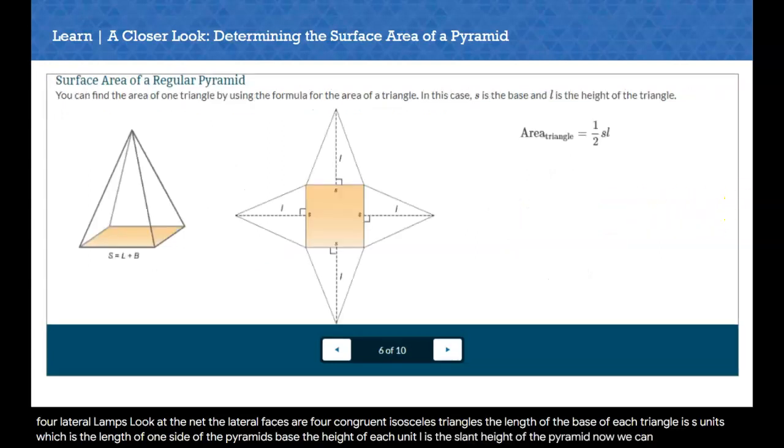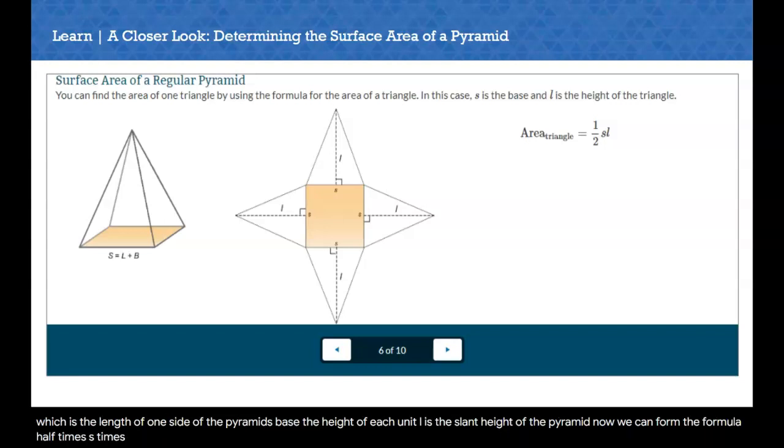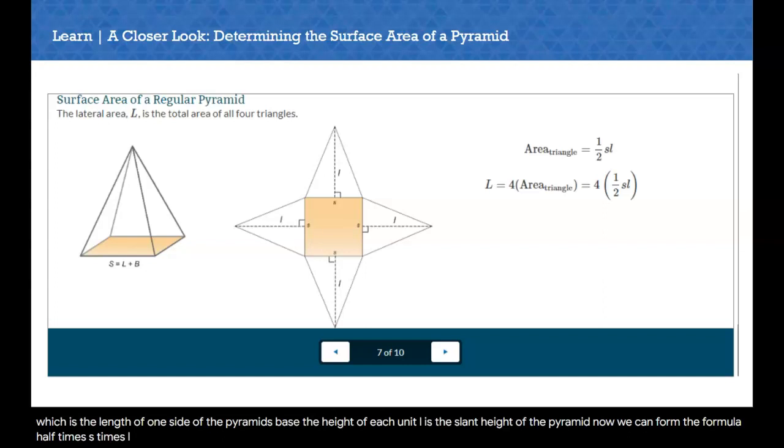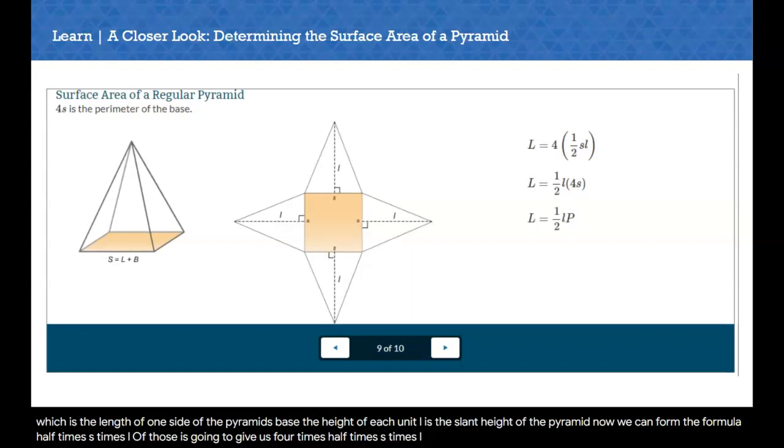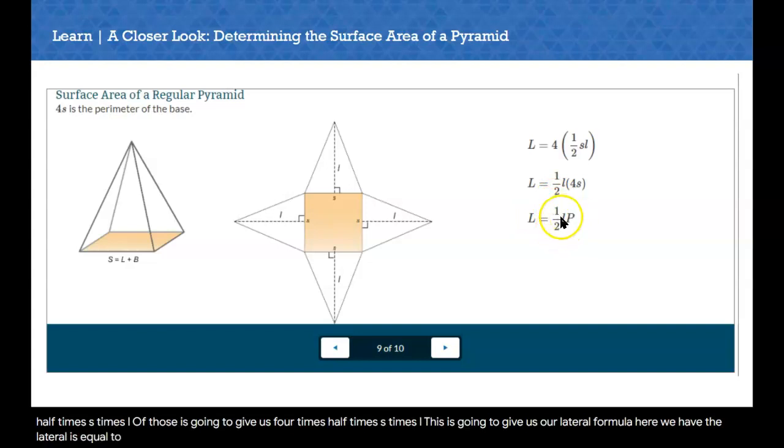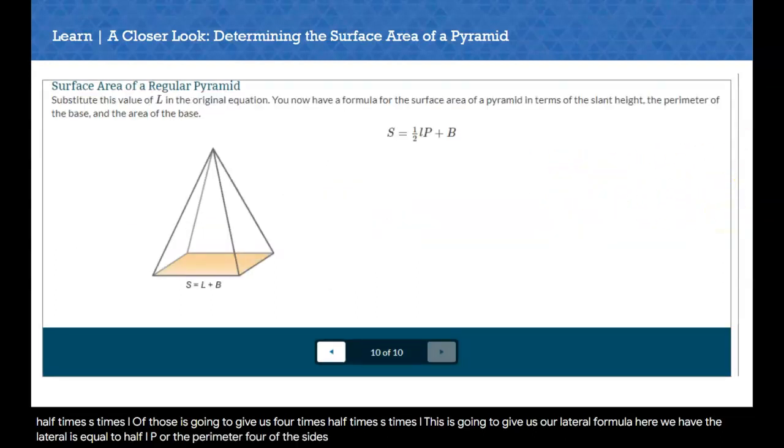Now we can form the formula half times S times L. 4 of those is going to give us 4 times half times S times L. This is going to give us our lateral formula. Here we have the lateral area is equal to half L times P, the perimeter of the 4 sides.